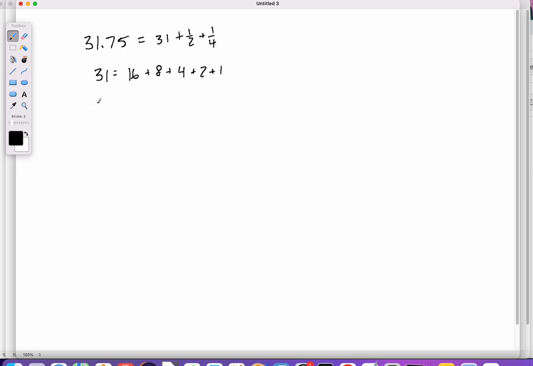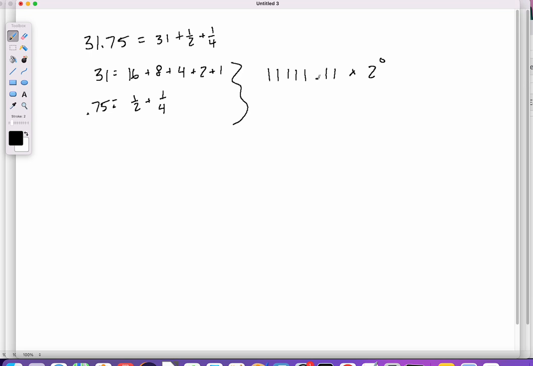And the 0.75 is equal to 1/2 plus 1/4. So putting these together, I've got 16, 8, 4, 2, 1, point, 1/2 and 1/4. That's times 2 to the 0.